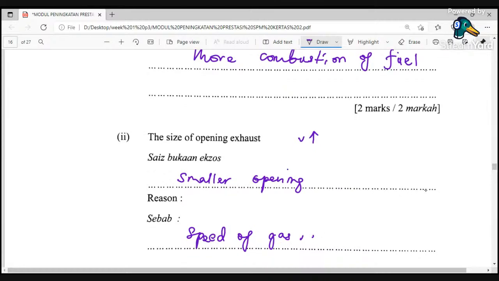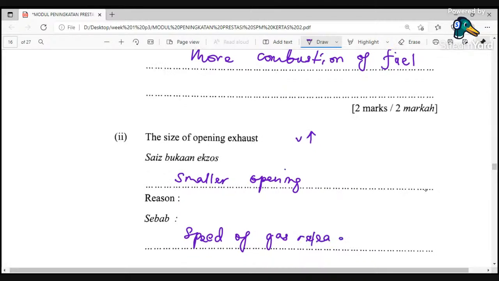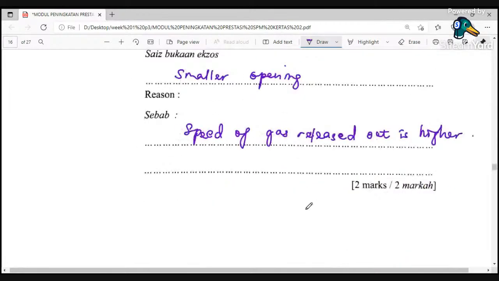Release out. Momentum lebih besar, sebab then dia akan hasilkan momentum of the jet to move forward at higher velocity. Okay, because momentum of the gas release equals to momentum of the jet.